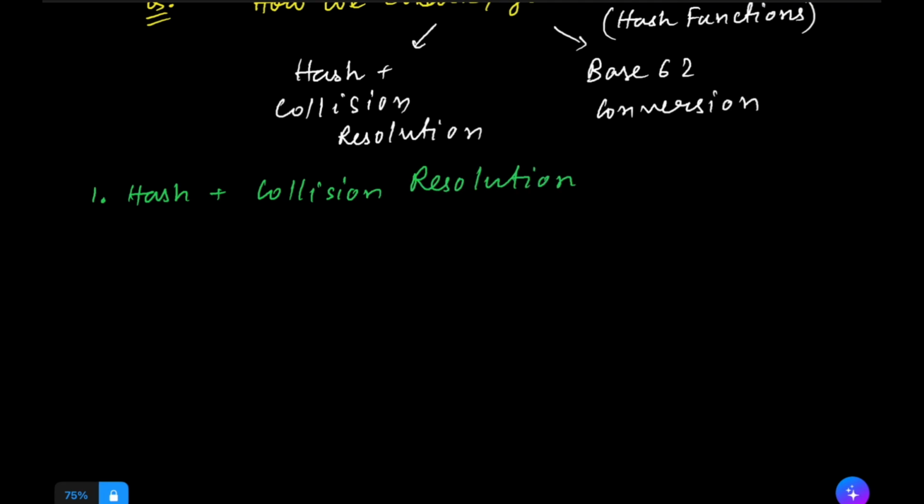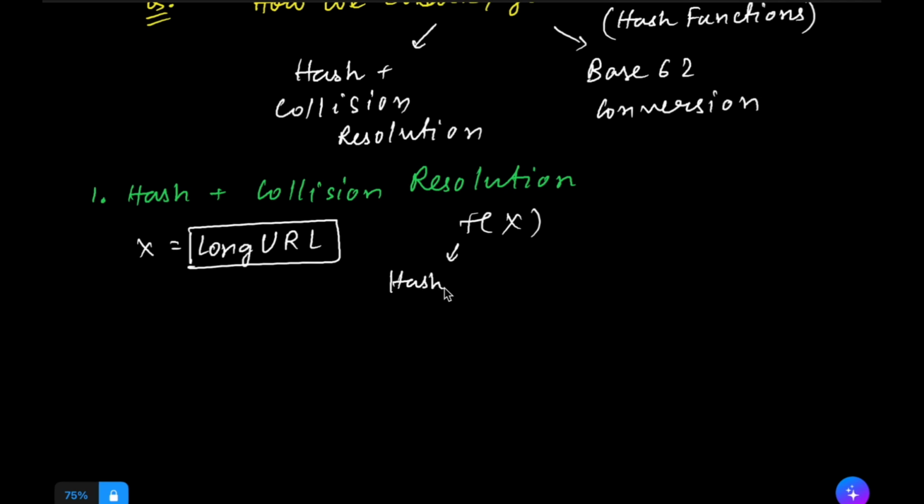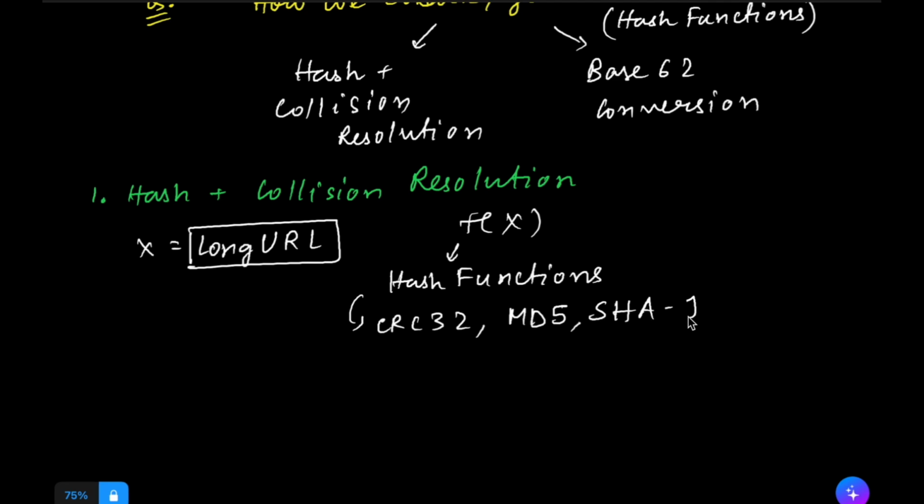When we have a long URL, which is our input x for this function, we can use any general hash functions which are easily available, like let's say CRC32, cyclic redundancy check 32, MD5, or SHA-1, the secure hash algorithm 1.